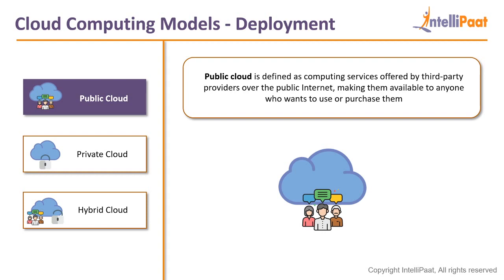Similarly, let's say you want a machine of 16 core CPU. Then again, from the same server from which you gave the 4 core CPU machine, you give a 16 core virtualized machine to the other person. So on the same server, you have multiple people who can have their virtualized servers running, and that is exactly what public cloud is.